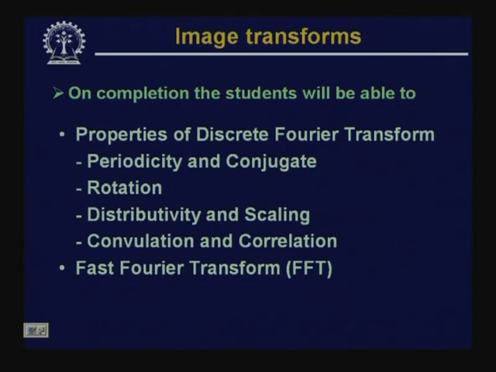We will talk about the rotation property. We will see the distributivity and the scaling property, followed by the convolution and correlation property of the Fourier transformation. And then we will talk about a fast implementation of the Fourier transformation, which is called the fast Fourier transform.